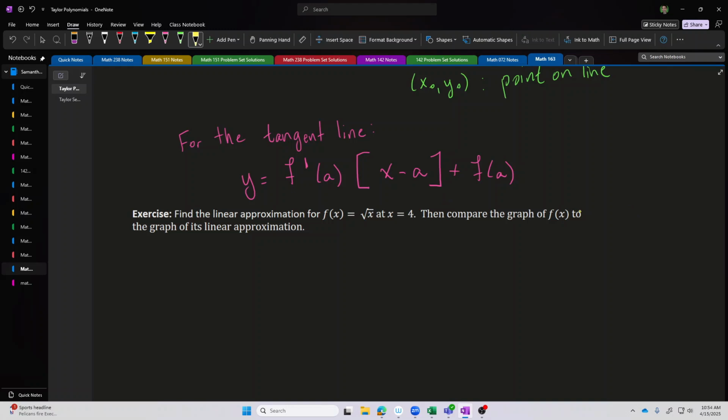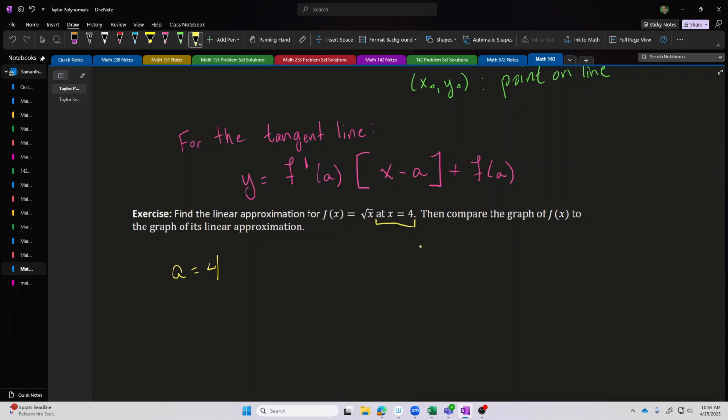So first of all, let's acknowledge that we were given the value of a in this paragraph. The value of a is the specific x value at which the linear approximation is calculated. So in this case, since we're calculating the linear approximation at x equals 4, 4 would be the value of a in this problem.